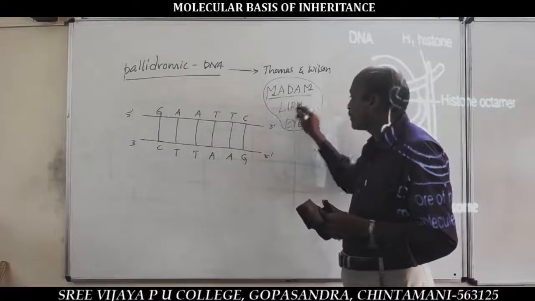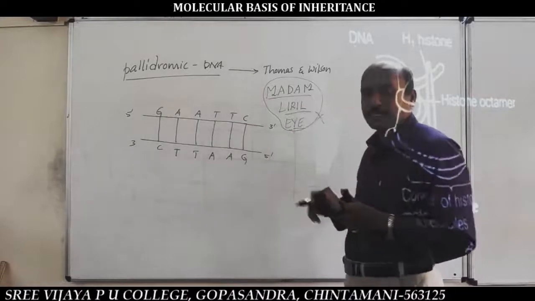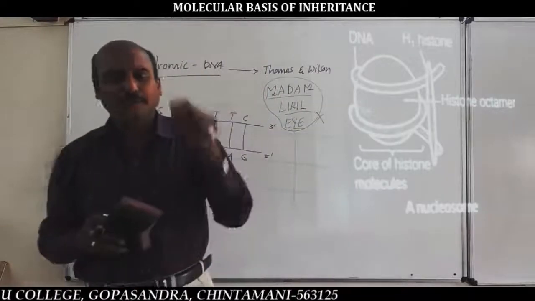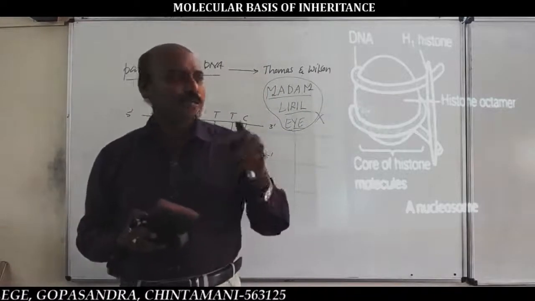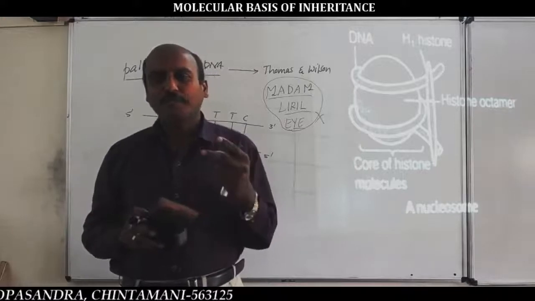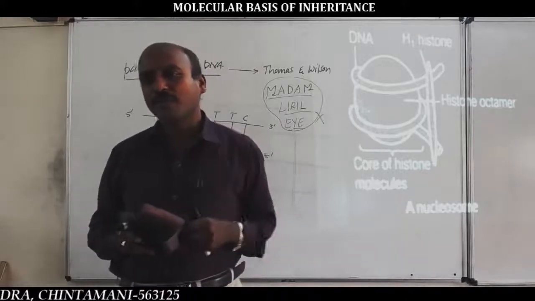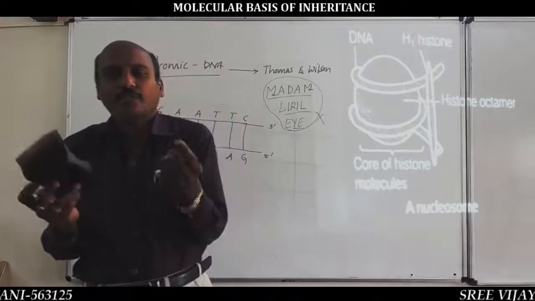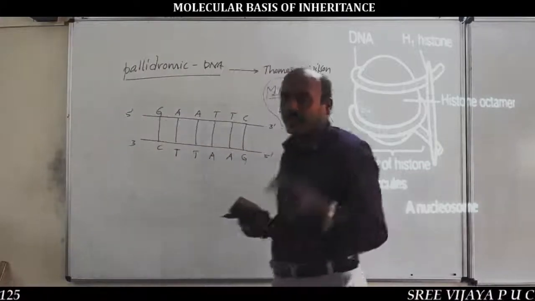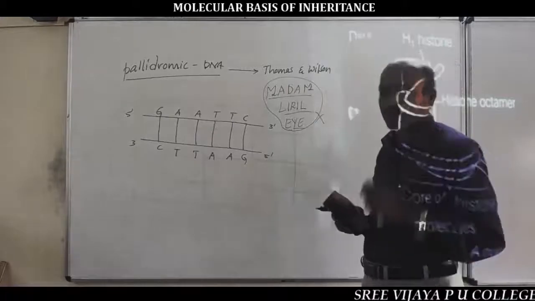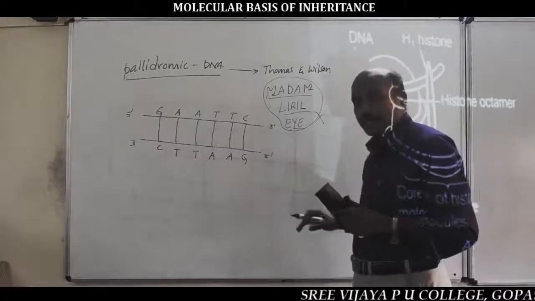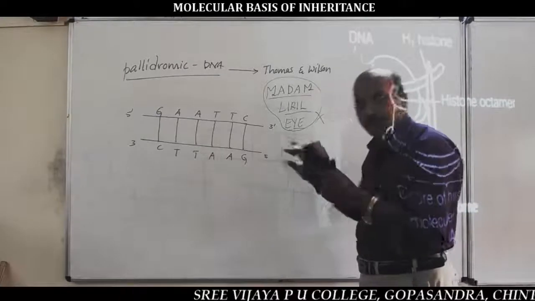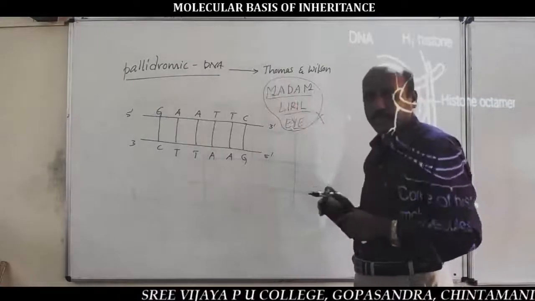But these words are never examples of palindromic DNA. You should remember. For example, in the board exam, one simple expected question is: What is palindromic DNA? Give an example. That is a simple 2 mark question. Definition 1 mark, example 1 mark. Here, the palindromic DNA definition: a DNA in which the nitrogen base pairs are the same in both forward and backward direction is called palindromic DNA.